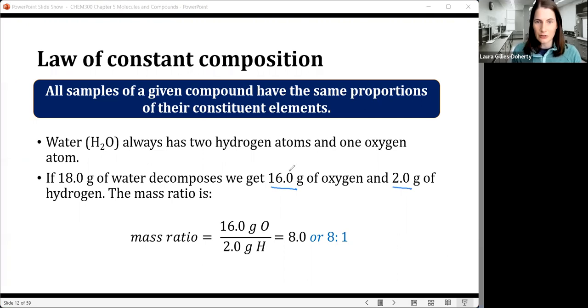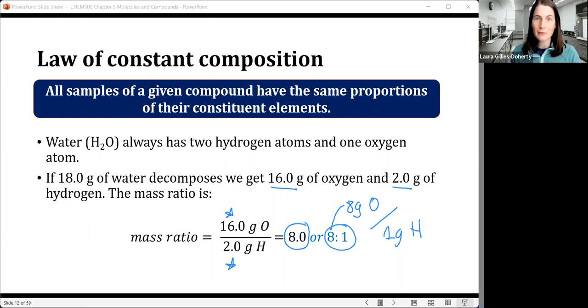If we take the ratio of this, you always put the larger mass on top. So 16 grams of oxygen to 2 grams of hydrogen, 16 over 2 equals 8. So we'd say the mass ratio for water, H2O, of oxygen to hydrogen is 8.0 or 8 to 1. That means for every 8 grams of oxygen we have 1 gram of hydrogen.